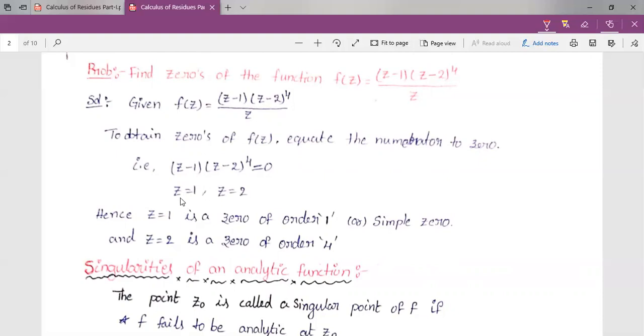So z equals 1 and 2 are the zeros of the function. Now we observe the order of the zeros. Here z equals 1 exists only one time, so the order of this zero is 1, or otherwise it is called a simple zero. And z minus 2 exists 4 times, so we say that z equals 2 is a zero of order 4.